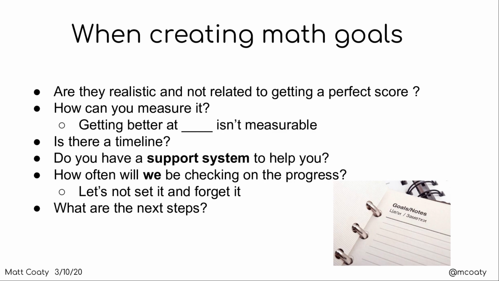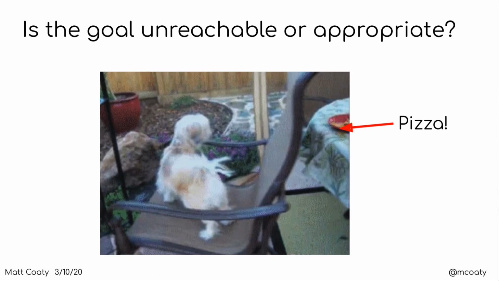And then what are the next steps? If the kids already met the goal, what do we do next? So we started to discuss this beforehand. And then, is the goal actually unreachable or appropriate? It was supposed to be a GIF, but GIFs don't come off well in a PDF format. This dog is going around and around this chair outside, trying to get its head on the pizza, but he misses it every time.